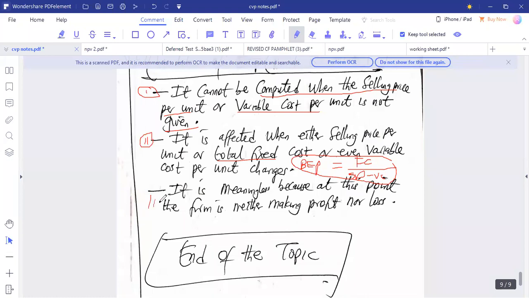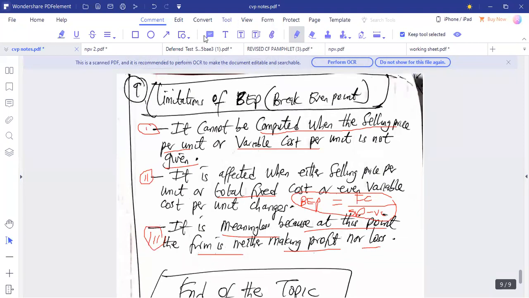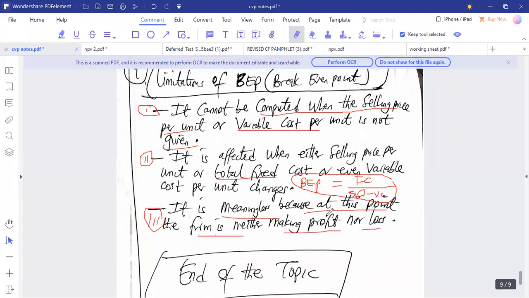The limitation for this one is that it is meaningless because at this point the firm is neither making profit nor loss. So that is a limitation, meaning it is meaningless at this point.